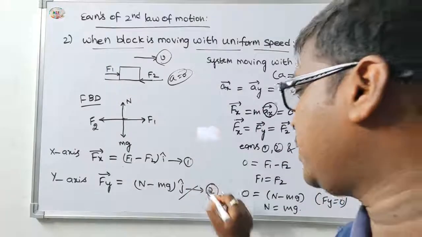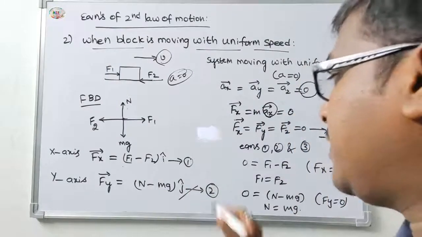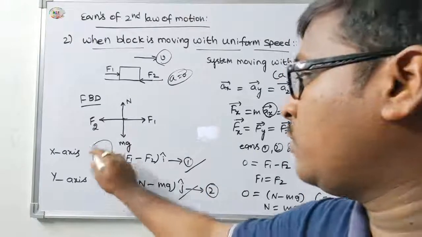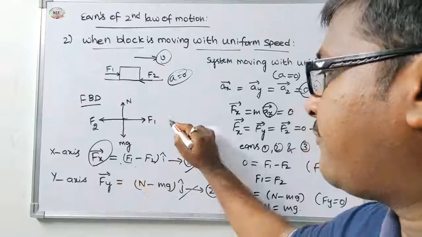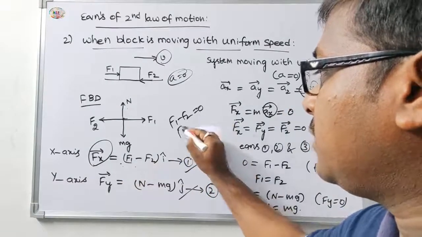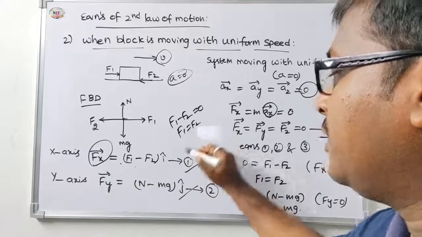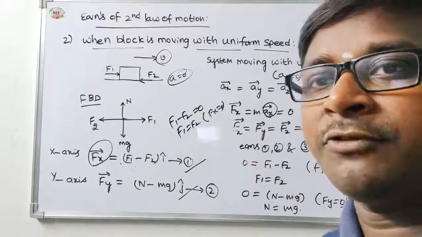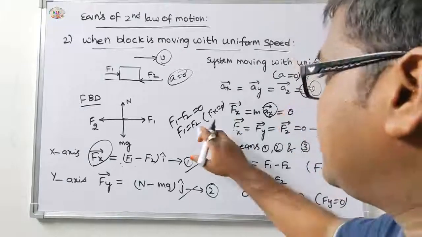From equations 1, 2 and 3, first taking equation number 1, Fx is 0, so 0 is equal to F1 minus F2, that is F1 minus F2 is equal to 0. Then F1 is equal to F2. So here Fx is equal to 0, the force acting along the x-axis is 0.